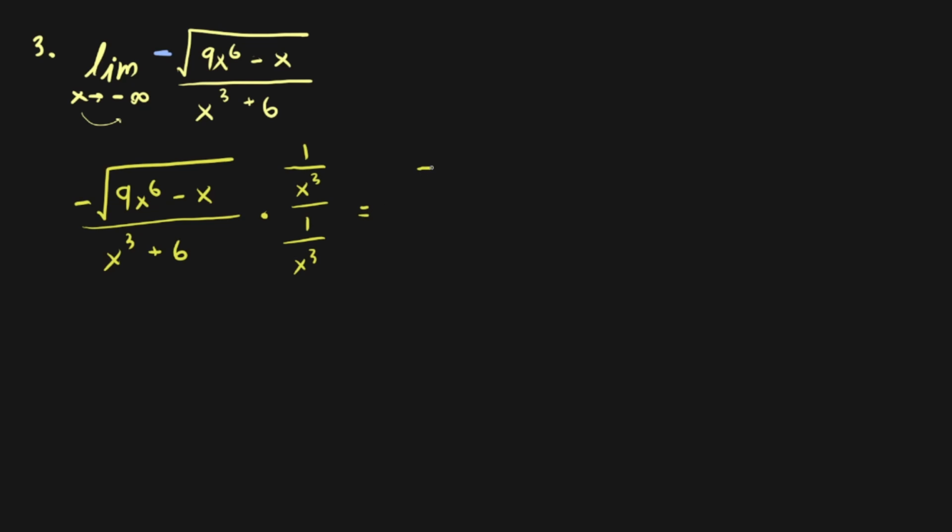This equals negative square root 9x to the 6th minus x over x cubed in the numerator, and then in the denominator we have x cubed plus 6 over x cubed.